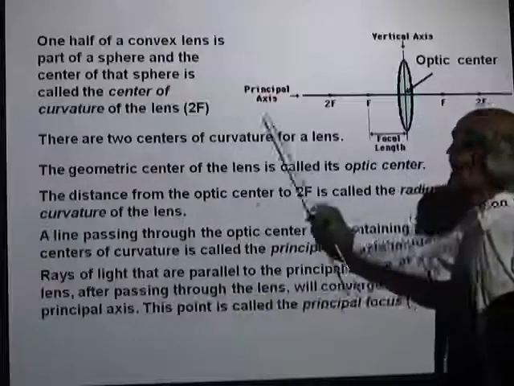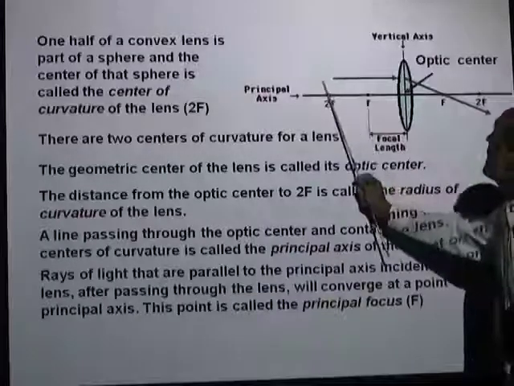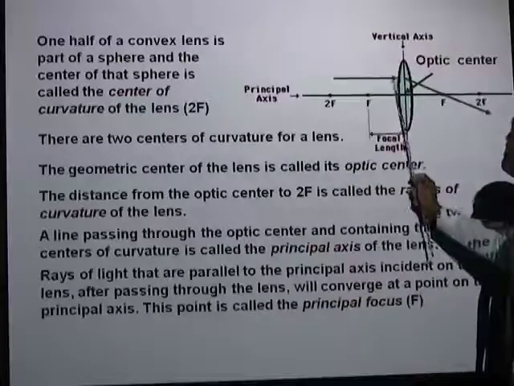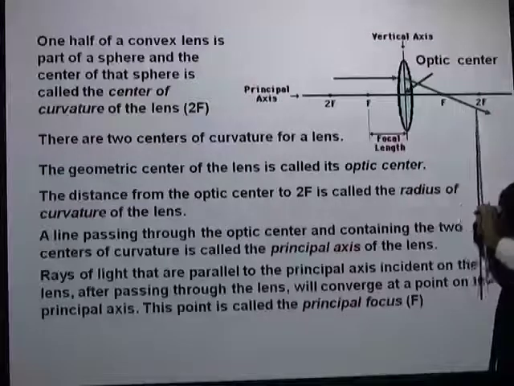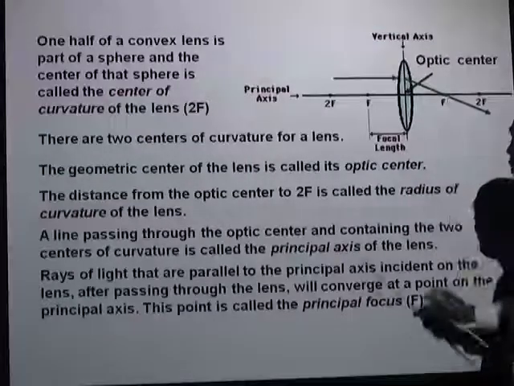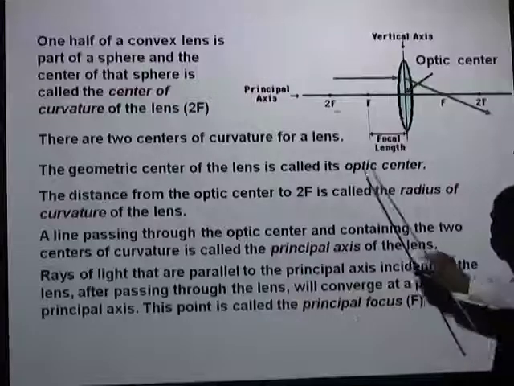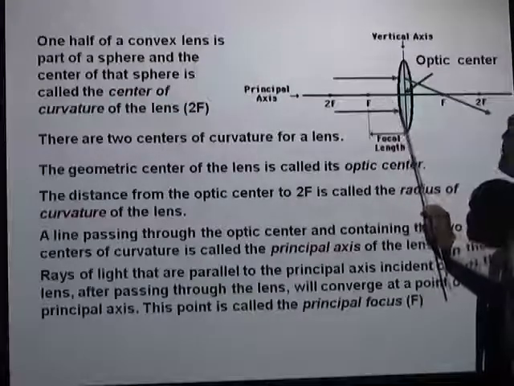Now, rays of light that are parallel to the principal axis, a ray that is parallel to the principal axis after refraction will pass through a point on the principal axis, and we call that the principal focus. So this is a ray that is parallel to the principal axis.